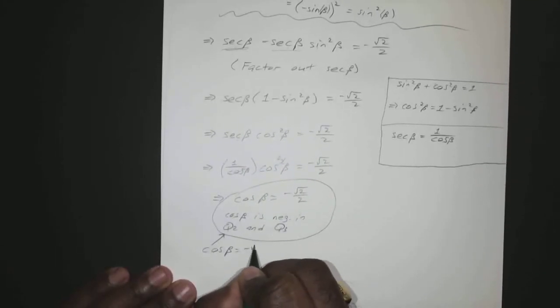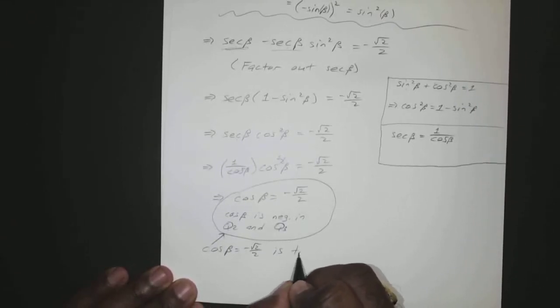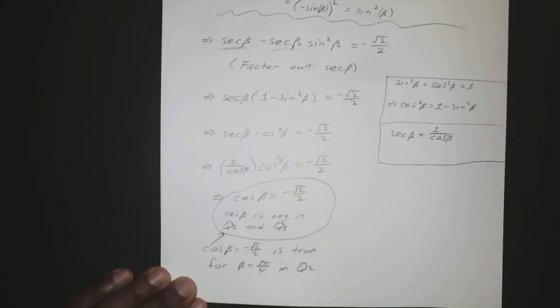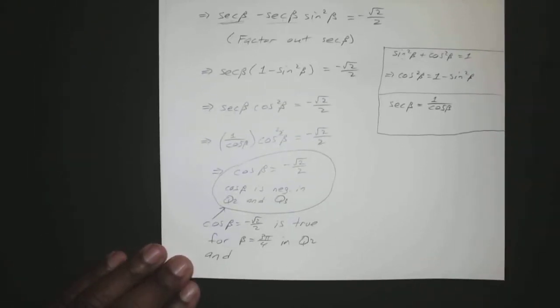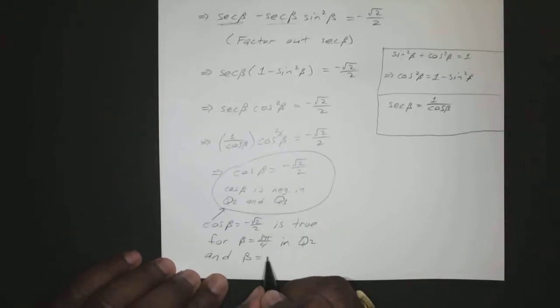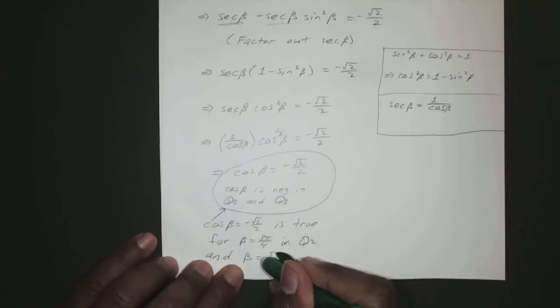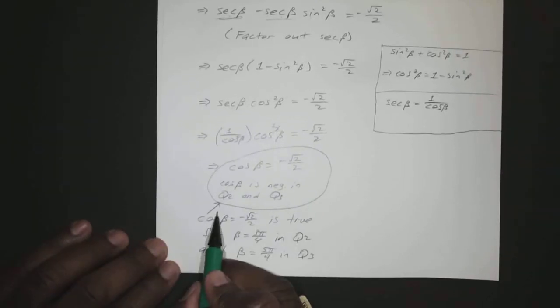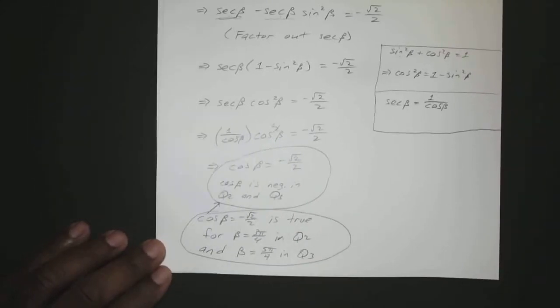Cosine of beta equals negative square root of 2 over 2 is true for beta equals 3 pi over 4 in quadrant 2, and beta equals 5 pi over 4 in quadrant 3. So 3 pi over 4 and 5 pi over 4 would be your answer.